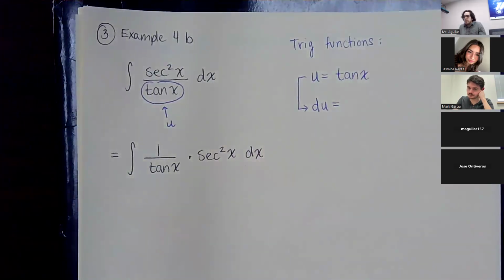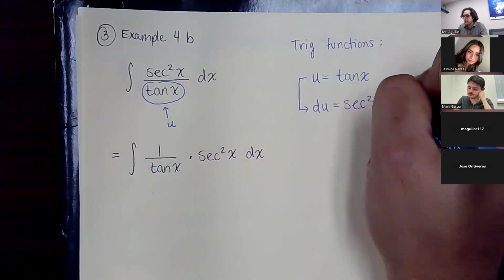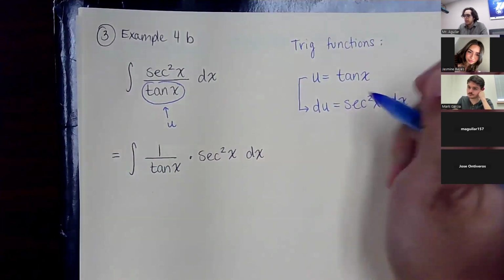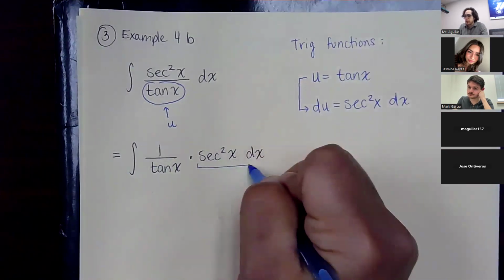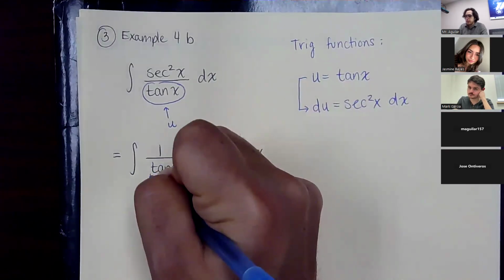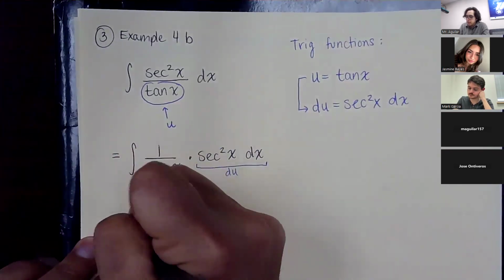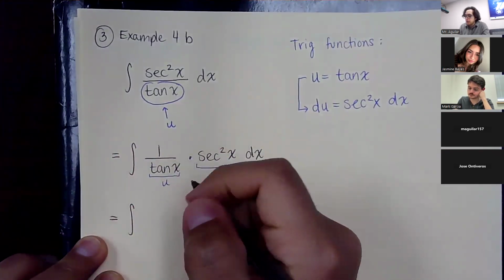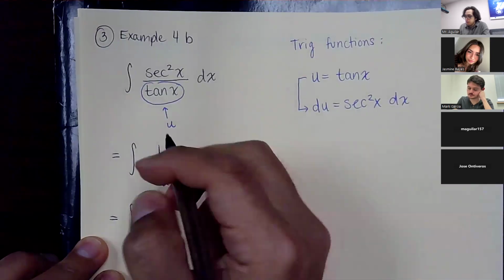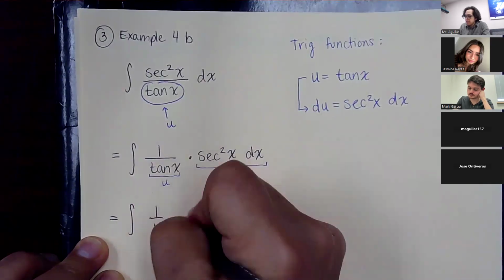And maybe that's a family friendly way to write this, because once we take the derivative of tangent x, we'll have secant squared x here, dx, and that's the exact thing that we're trying to replace in our problem. So this is going to be du, this denominator gets turned to u, and so we can write it in the form where we can apply that natural logarithm integral rule. So that's 1 over u. This whole thing is du.